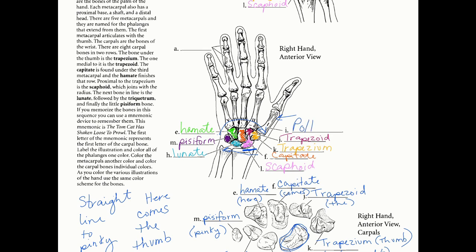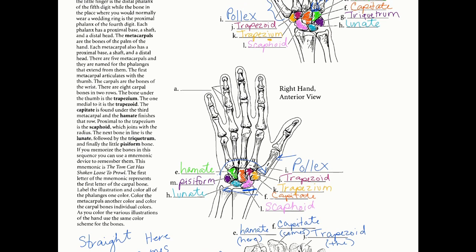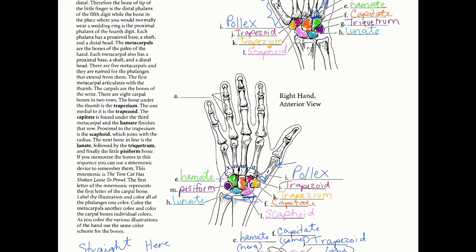Okay, we talked about that in the posterior view. The other thing we mentioned in the posterior view is that the phalanx or the phalanges each have 3 parts.